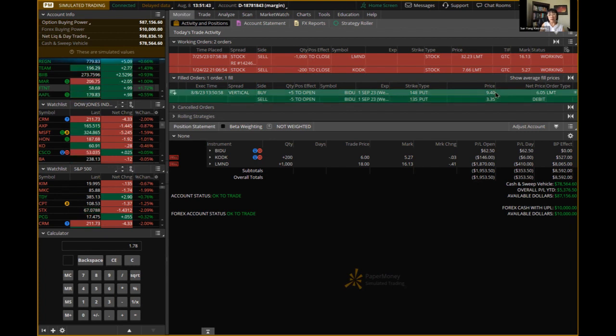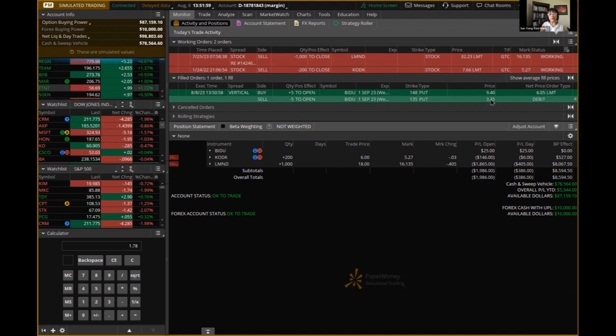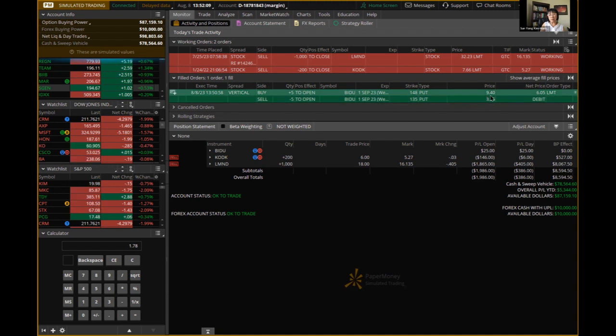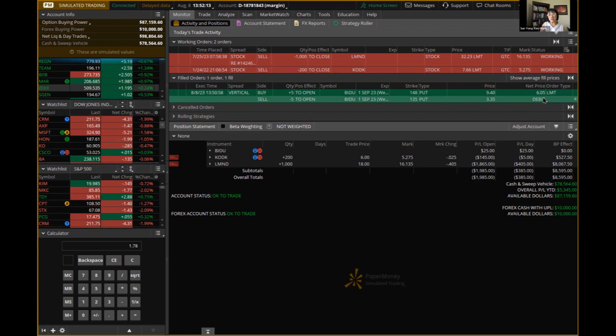Then the premiums, that's the price that I paid: $9.40 per contract for this strike price of 148. And then I also paid $3.35 for the 135 put, to set up my vertical. So overall, 940 minus 335 is 605 limit, which is my debit. That's how much I pay to set up this trade.